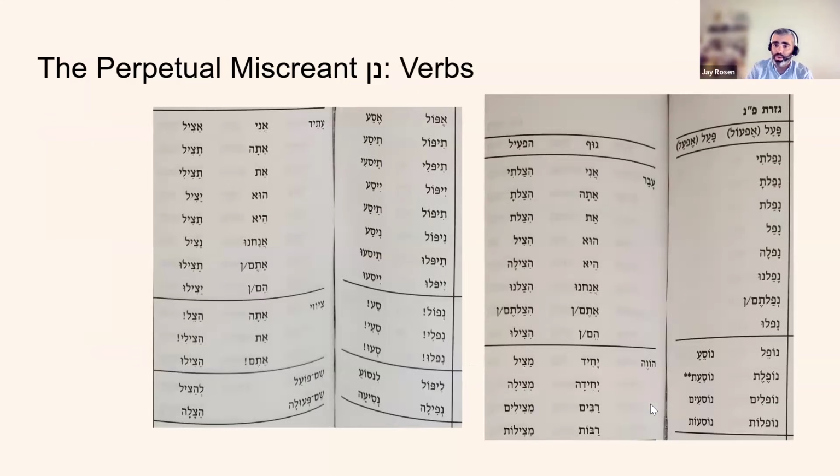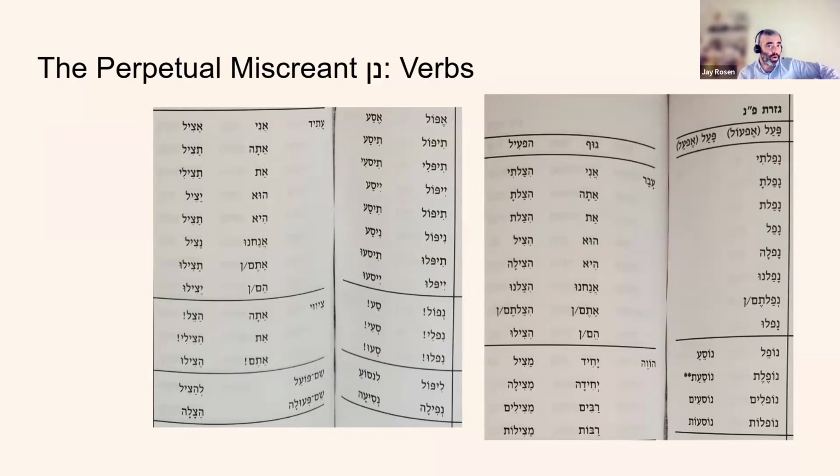For example, the letter Nun. The letter Nun, when it's the first letter in a shoresh, acts a little funky. What do I mean by that? Take the verb to fall. In Hebrew, the verb to fall is lipol, but the root of lipol is nun pe lamed.